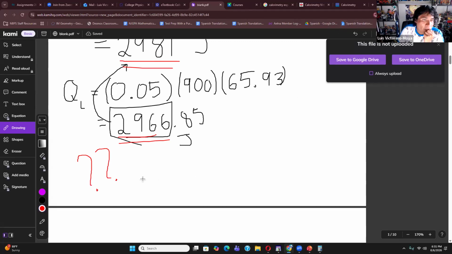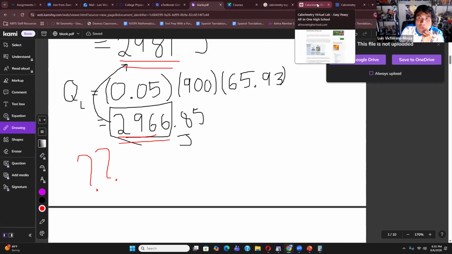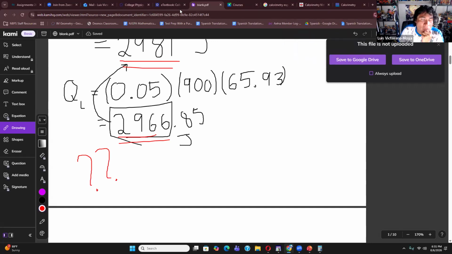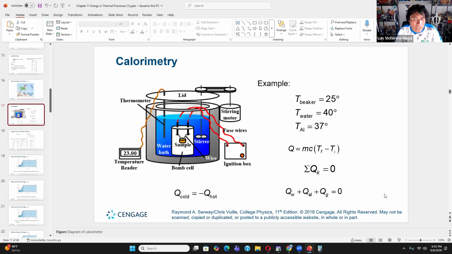Very good. We are assuming that nothing is lost to the environment, but you already know from the experiment or from previous references, right? That even in a perfect calorimeter, there can be something lost to the environment. That experiment, by the way, online assumes that.